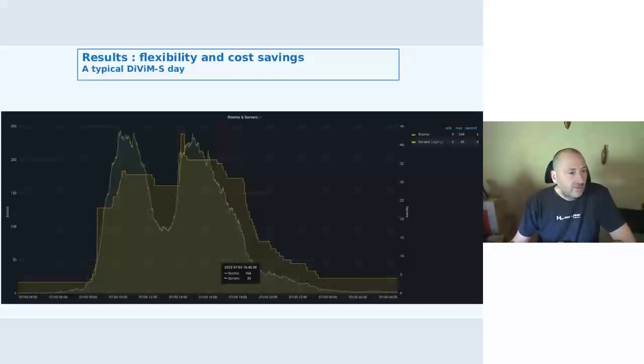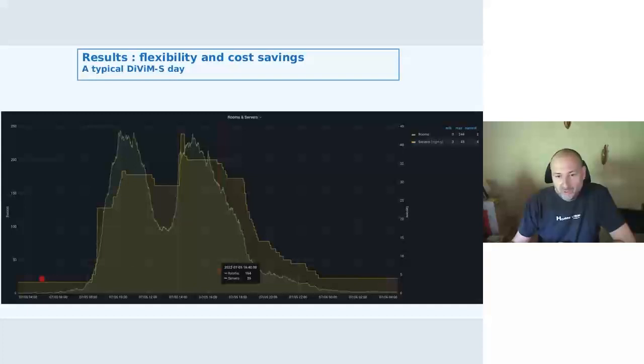As the number of conferences continues to increase, the number of servers increases as well and reaches a plateau here. There's a slight decrease at lunchtime, and then a new maximum is reached here at the beginning of the afternoon for a very short time, followed by a plateau period again. Then there's a slow and steady decrease in the evening until midnight, when the minimum is reached again.